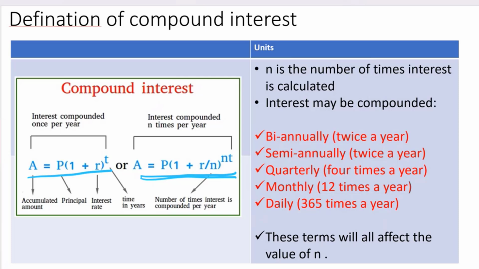If it is semi-annually, the compounding period is 2. If it is compounding quarterly, your compounding periods is 4. If it's compounding monthly, your compounding periods is 12. If it's daily, your compounding period is 365. If it is weekly, your compounding periods is equal to 52.